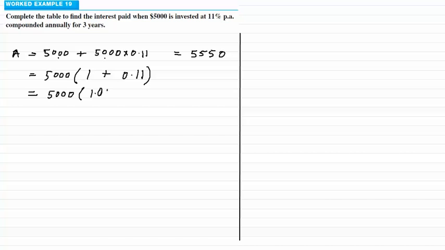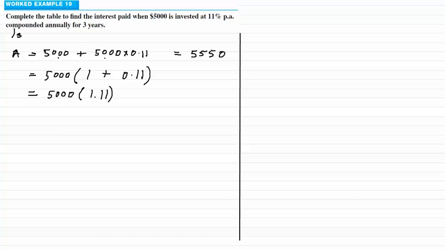When you add 1 plus 0.11, we get 5,000 times 1.11. My handwriting's very dodgy. Okay, now, so that's after the first year.